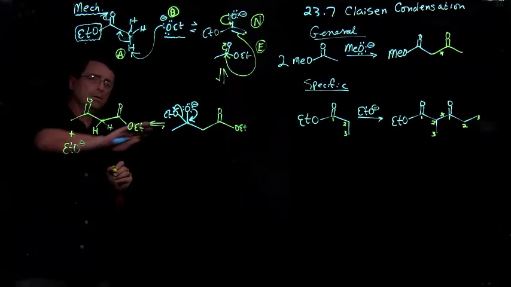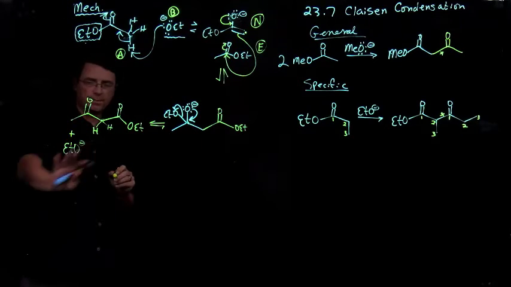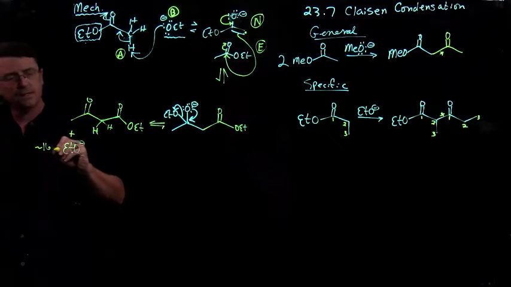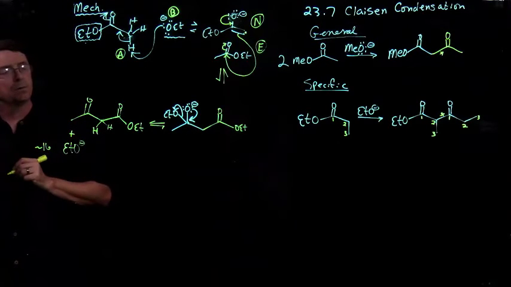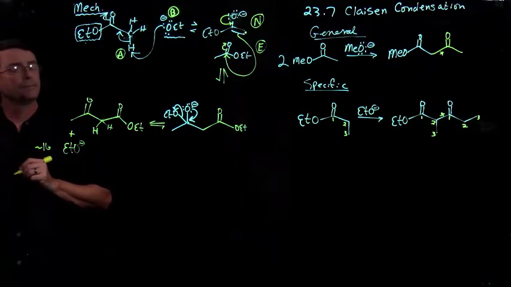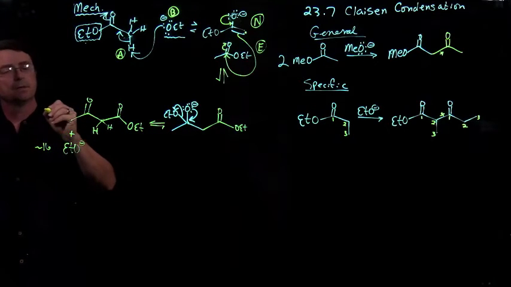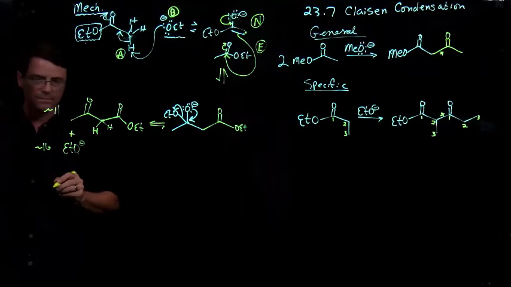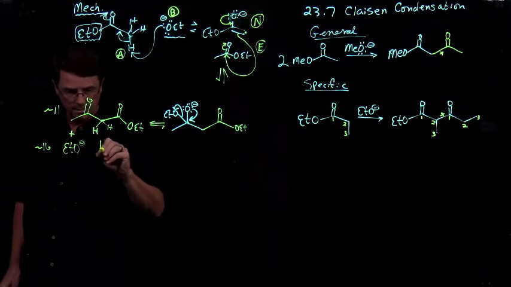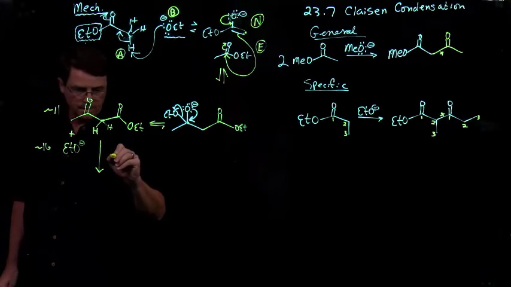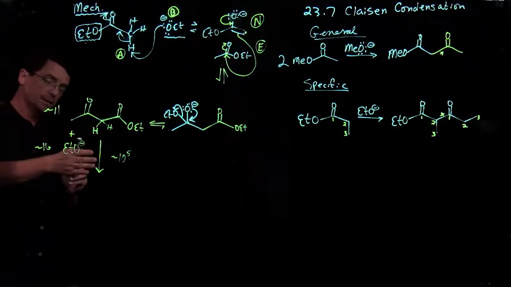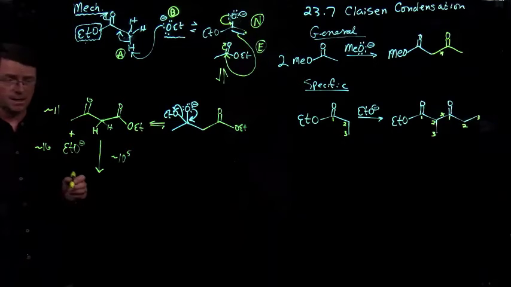Okay, so all of these have been reversible. Do you remember the pKa's? Ethanol is about 16, and this beta-keto ester is approximately 11. So the equilibrium here will be approximately 10 to the 5th. And for synthetic purposes, that's essentially an irreversible step.